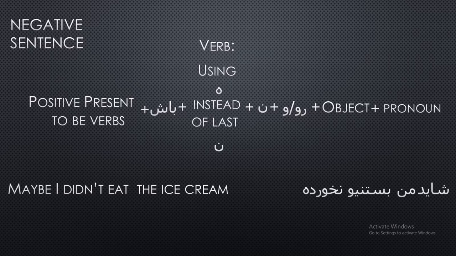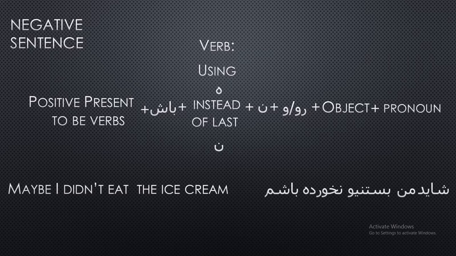After that, we use bash plus the positive present to be verb, which should be proper for our pronoun. As I said in the pronoun in to be verbs lesson, am is the proper to be verb for the pronoun when we are talking in a positive sentence. شاید من بستنیو نخورده باشم.